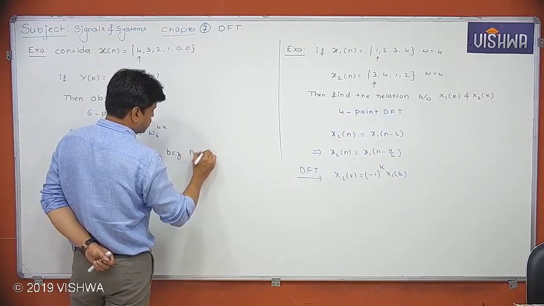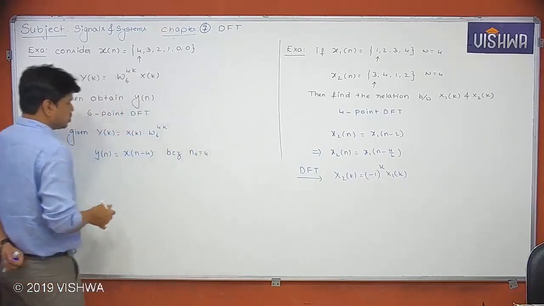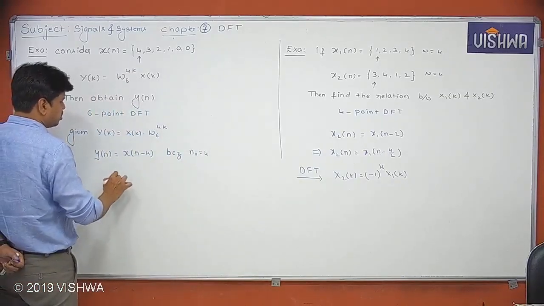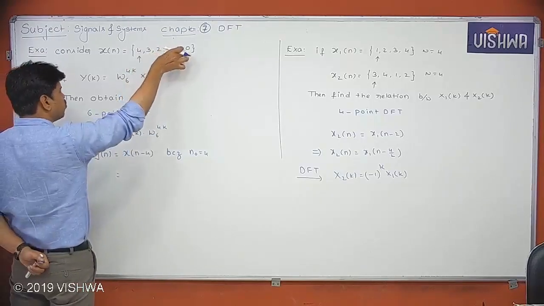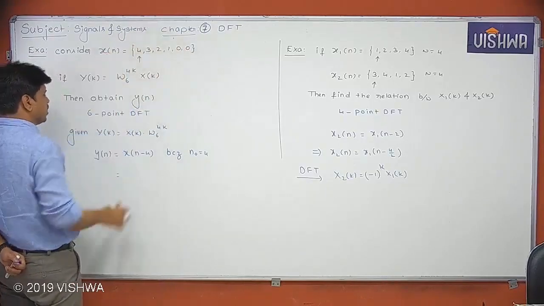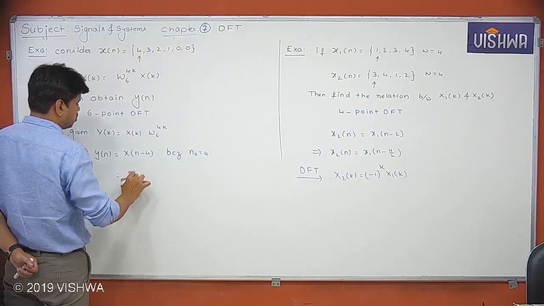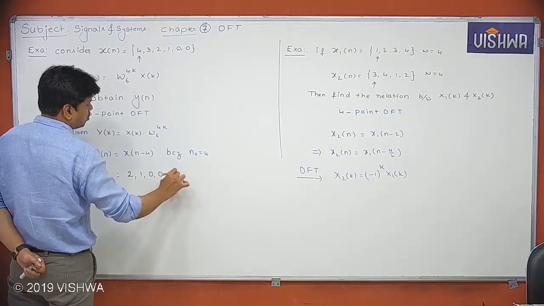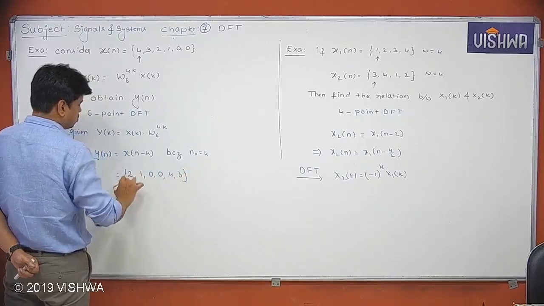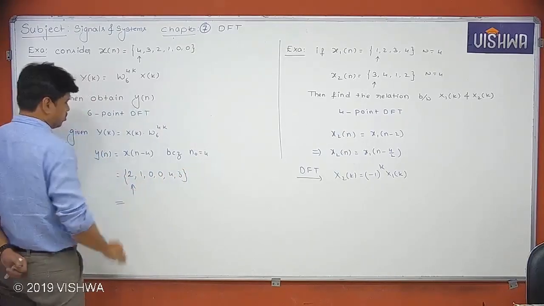Once we have this, how can we calculate x of n minus 4? We take the last 4 digits and write them at the front. So what is it going to be? 2, 1, 0, 0, 4, 3. So this is y of n.